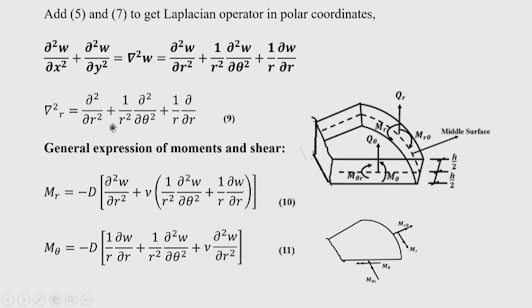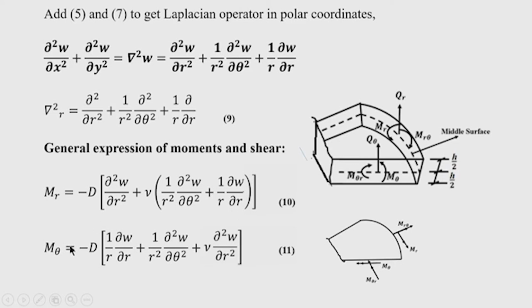Now, we know the general expression of moments and shear can be written in this form: M r equals minus D times the bracket of del square w by del r square plus mu into 1 by r square del square w by del theta square plus 1 upon r del w by del r. This is equation 10.